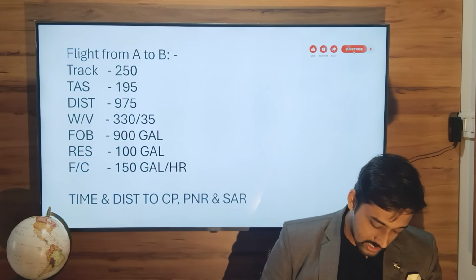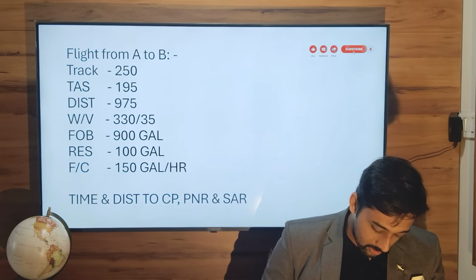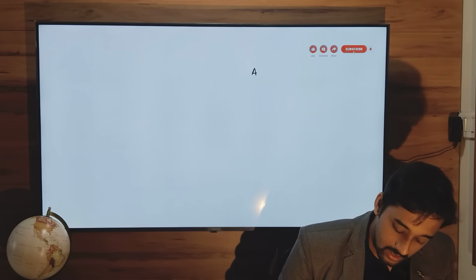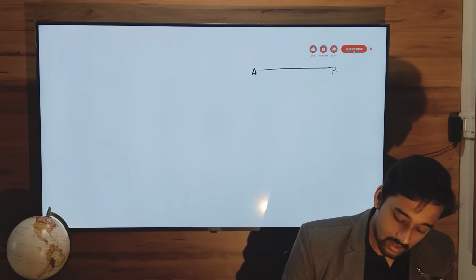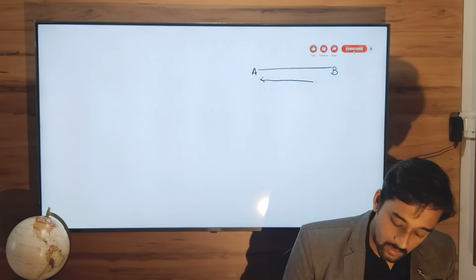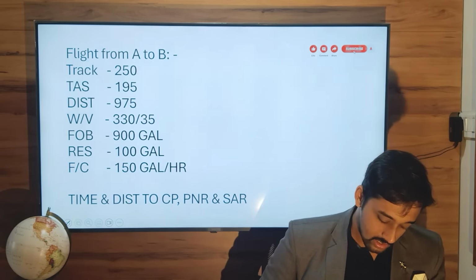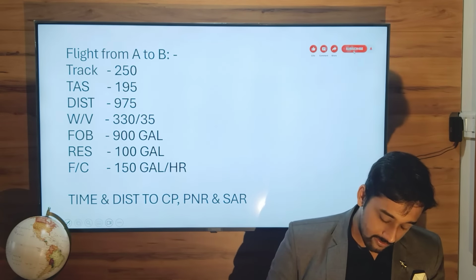So let's deal with CP first. Now we will do it a little faster. Always you're going from A to B. The total distance from A to B is how much? 975.